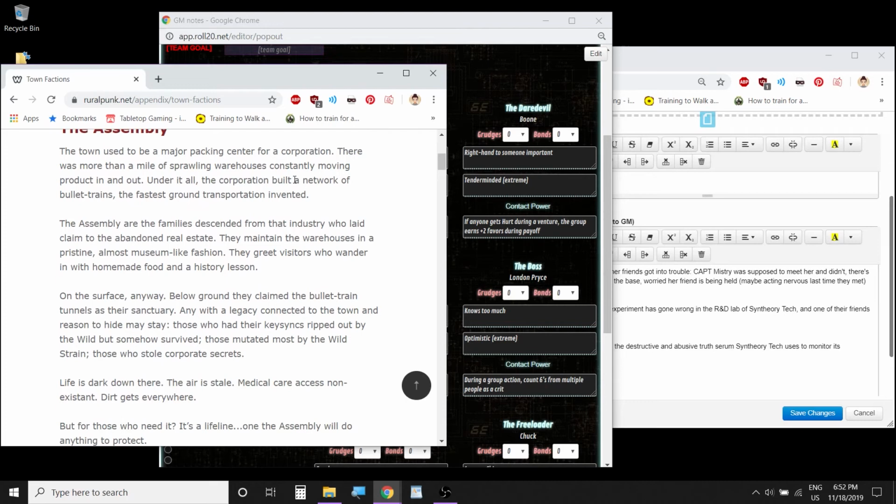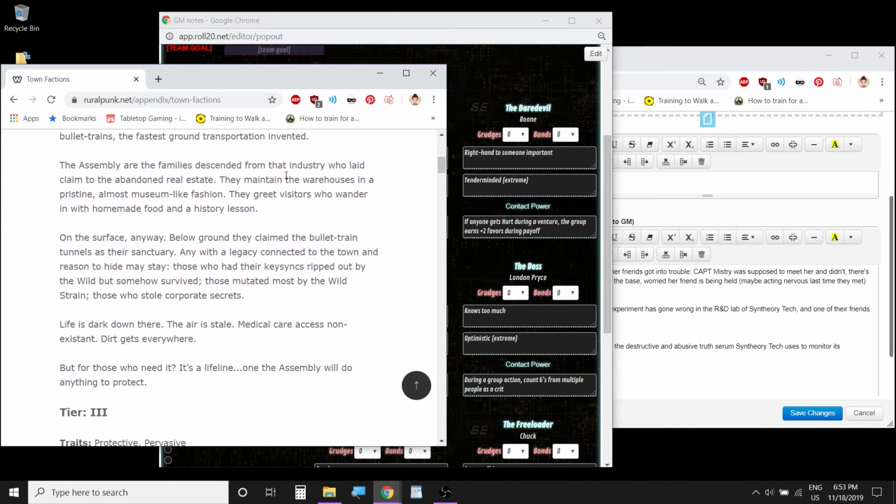And before the town lost its industry, it was a major packing center for a corporation, and so there's more than a mile of sprawling warehouses that were constantly moving product in and out, and there's this network of bullet trains that are now basically abandoned and destroyed.